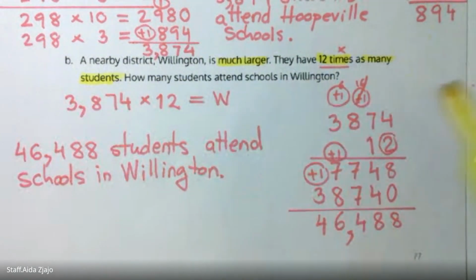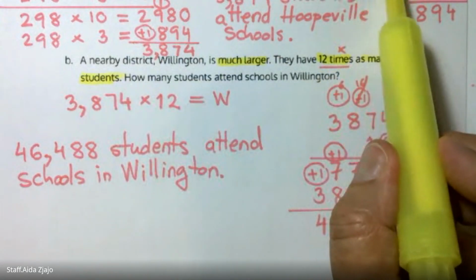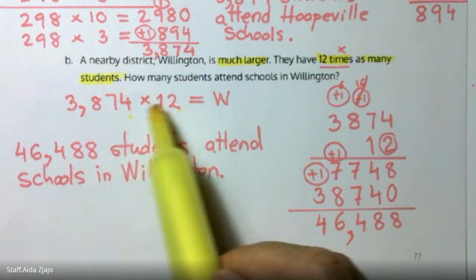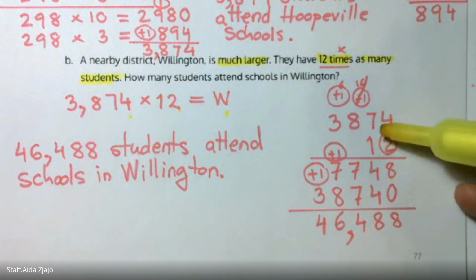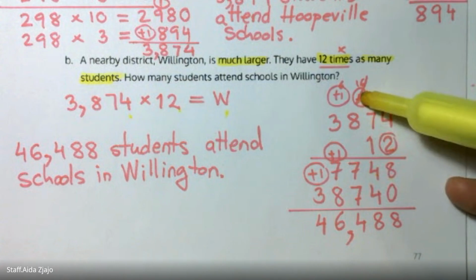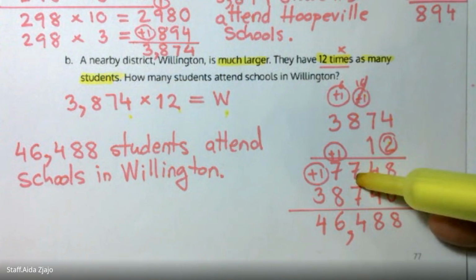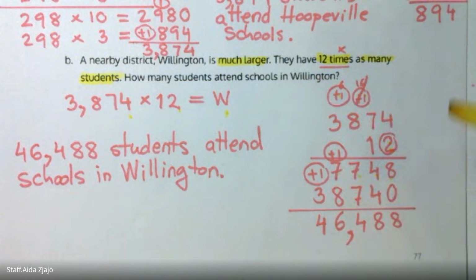I apologize for that. So this was Hooperville School, and 12 times is greater, the Wellington. So 2 times 4 is 8, 2 times 7 is 14, remember 1, 2 times 8 is 16, plus 1 is 17, remember 1, 2 times 3 is 6, plus 1 is 7.